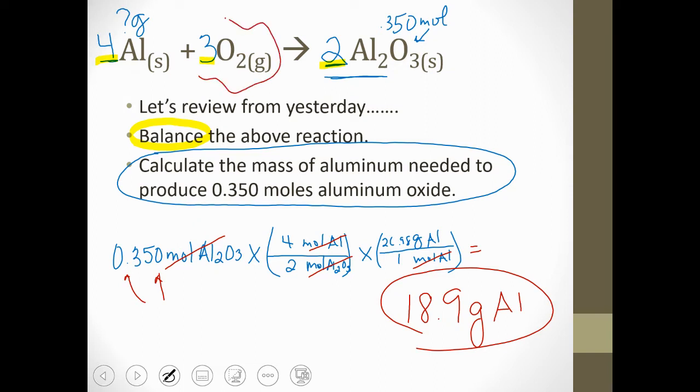But what about the oxygen? The oxygen being a gas, we don't normally measure gases by their mass in the lab. What we generally do is determine the volume of a gas that is either used or produced.